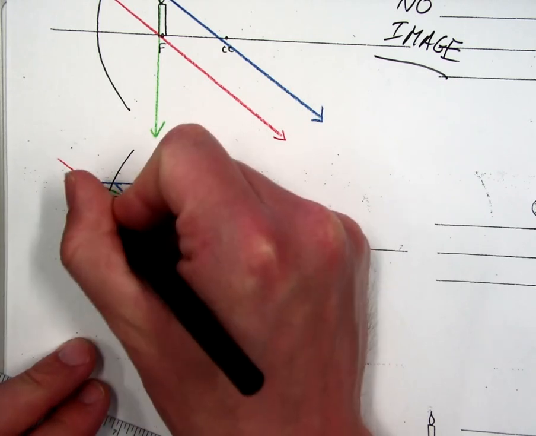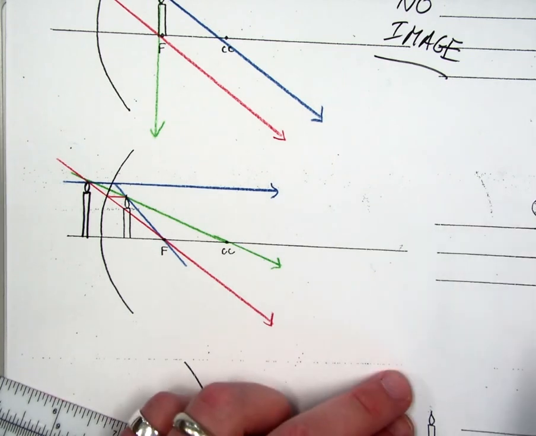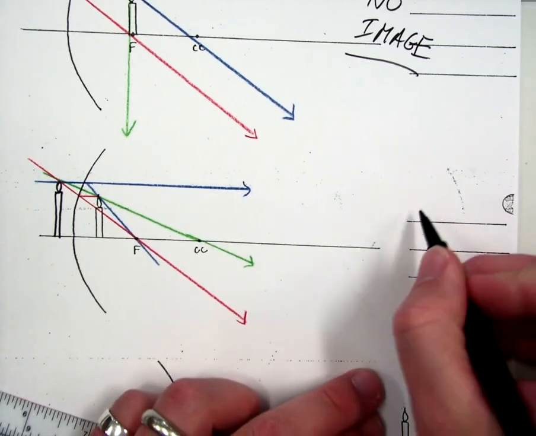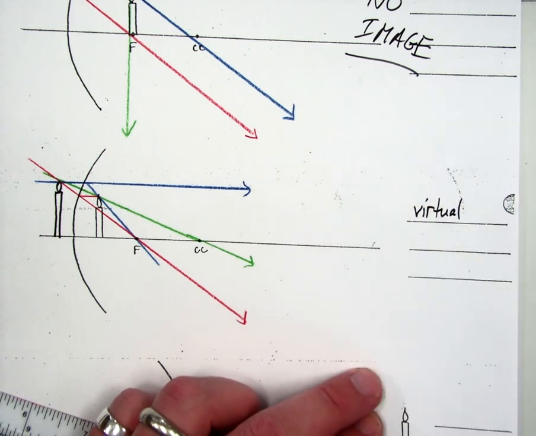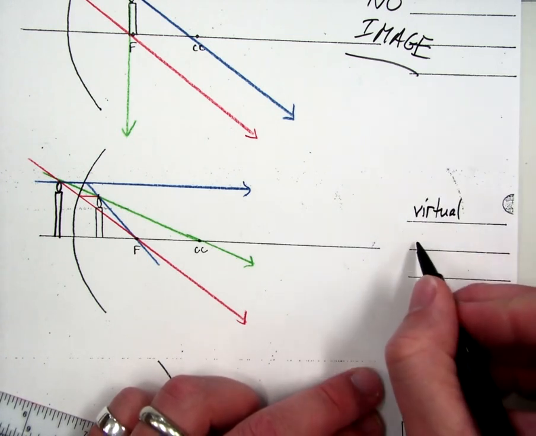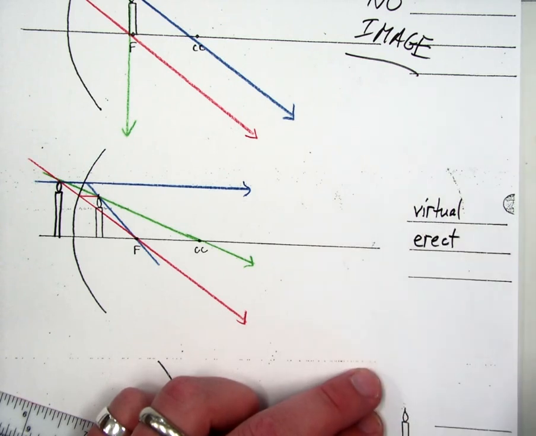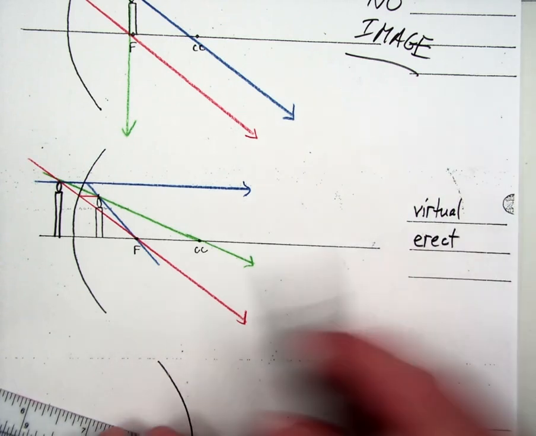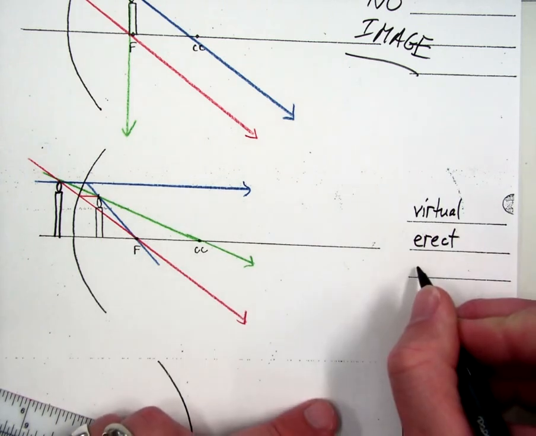This is the image you see when you hold a concave mirror very close to your face. You see a huge picture of your face behind the mirror. This is a new type of image. It's not real, it's virtual. It is not inverted, it is erect, meaning right side up. And it is not smaller as the previous ones were, it is larger or bigger.